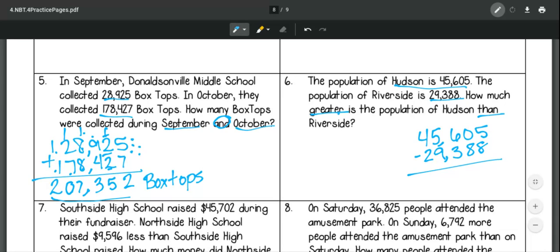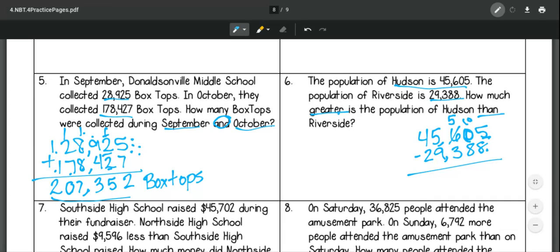So I cannot take 8 away from 5, so I am going to have to borrow. When I look at the tens place, there's a 0 here, so I can't take anything away from this 0, so I'm going to have to go over to the hundreds. I'm going to mark out that 6 and leave it with a 5, and then I'm going to give my tens place 10 tens.